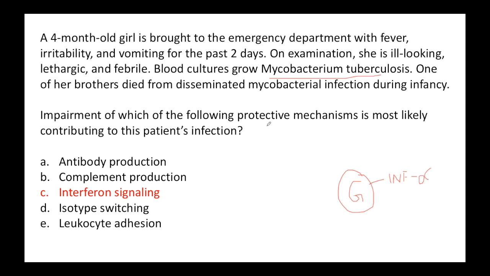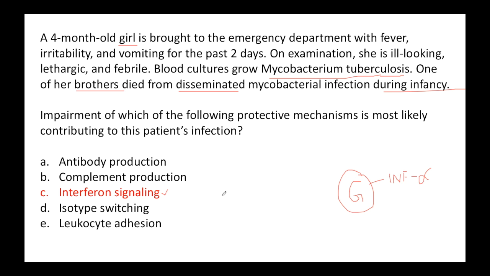So if you have Mycobacterium tuberculosis in a family like you see here with the girl and her brother, especially during infancy, you want to think about an impairment of this process. So your TB is not being localized, it can spread, causing a disseminated infection. So that's important there.